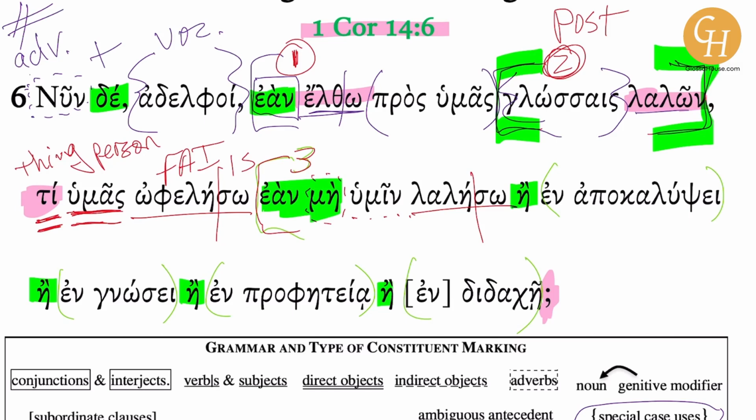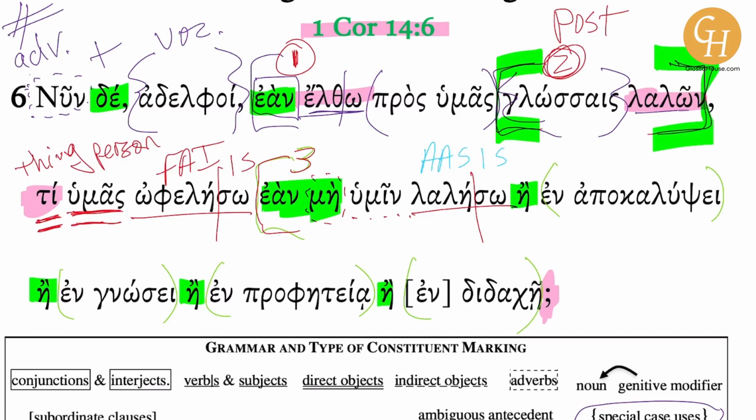And then the laleso is aorist, active, subjunctive, first person singular. And then you have a listing of 4 items. Unless I speak to you either in revelation or in knowledge or in prophesying or in a teaching. So what would I benefit you?